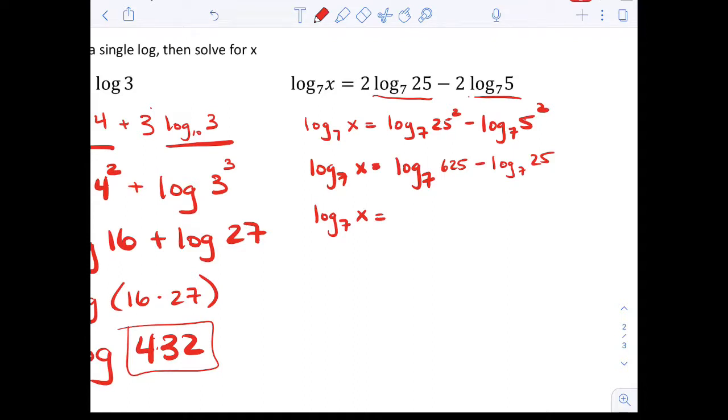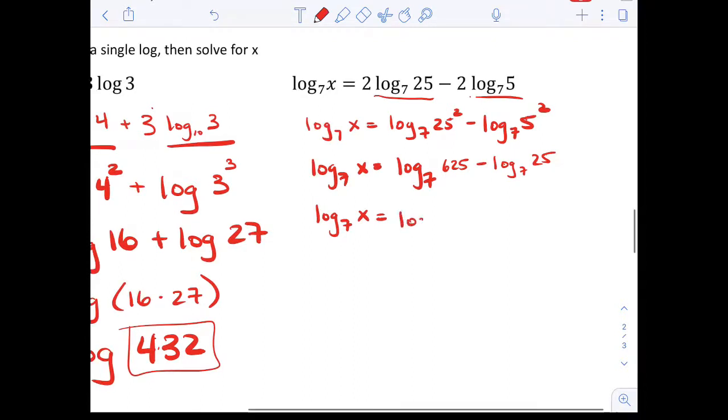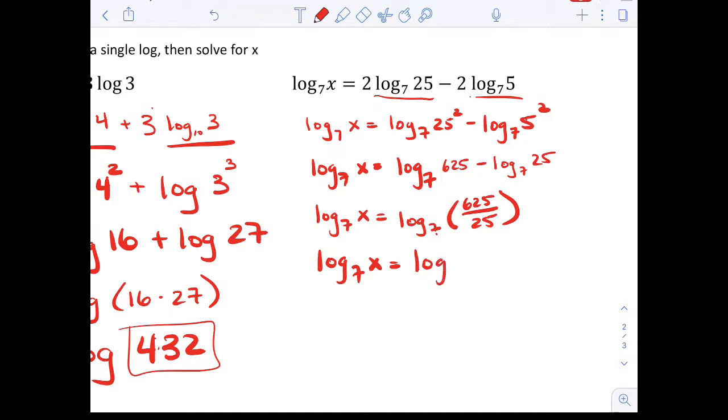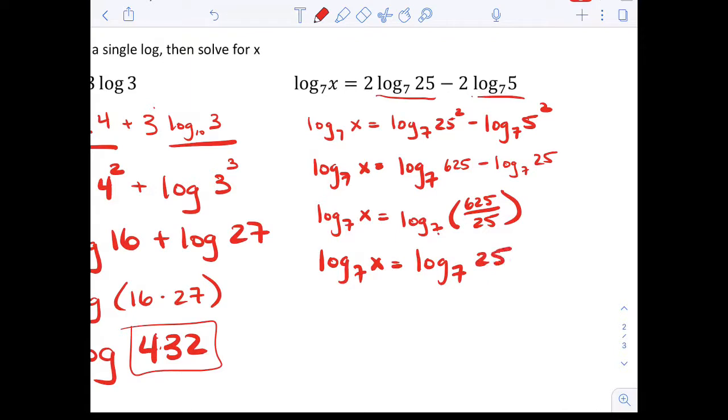So that means I can divide their arguments. Log 7, 625 over 25. Log 7 x is equal to log 7, 625 divided by 25. We just did that one before, so we know that it's going to work out to be 25.